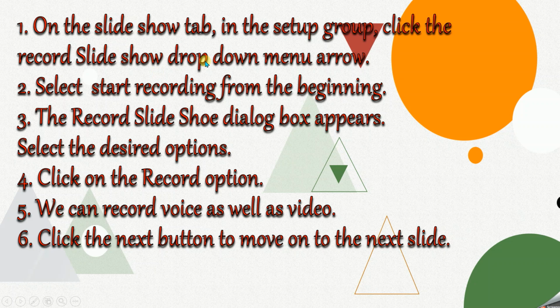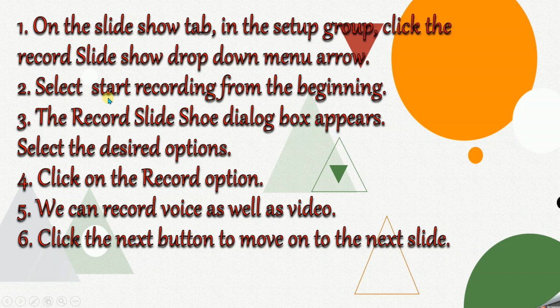So, we will have an option called Record Slideshow. Once I click on that drop-down menu arrow, I will get 2 options: start recording from the beginning and recording from the current slide.